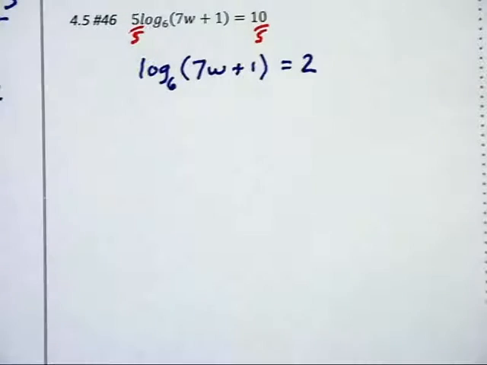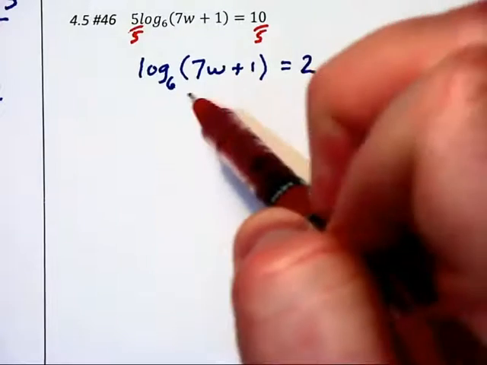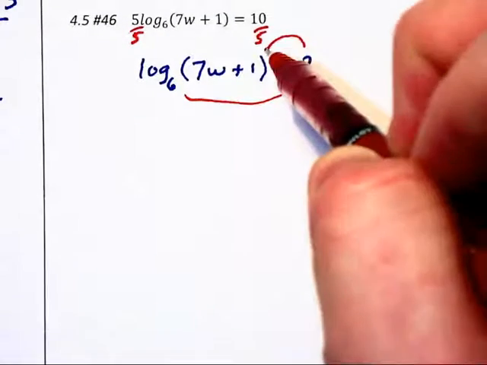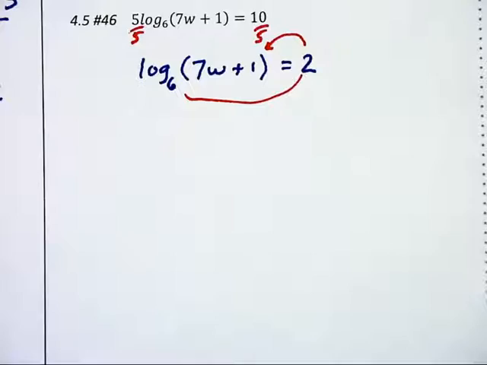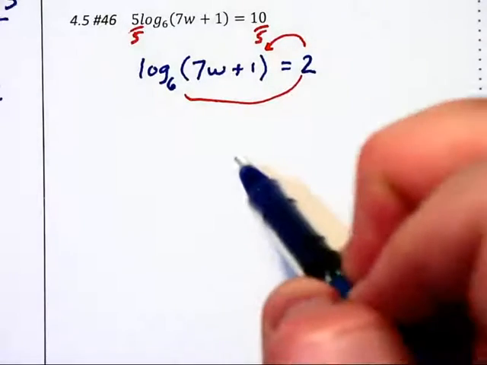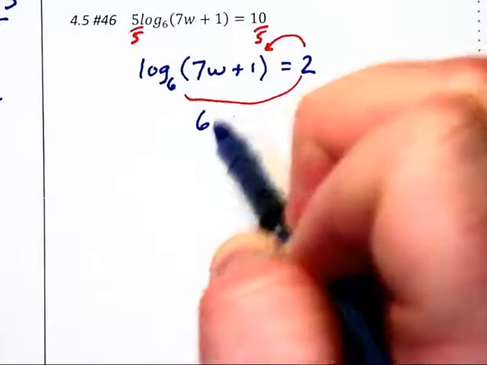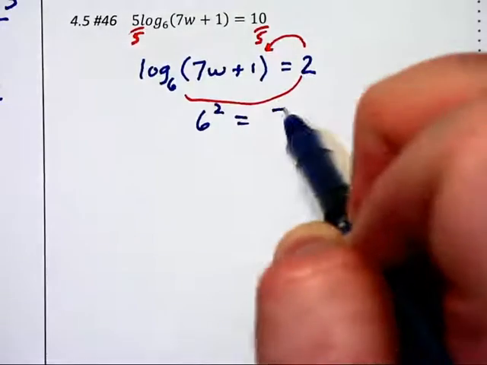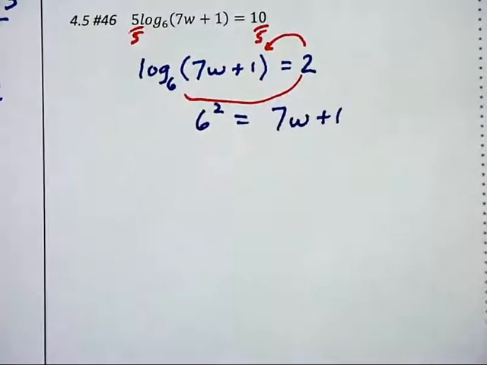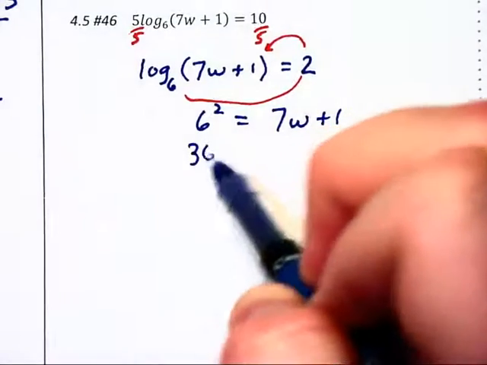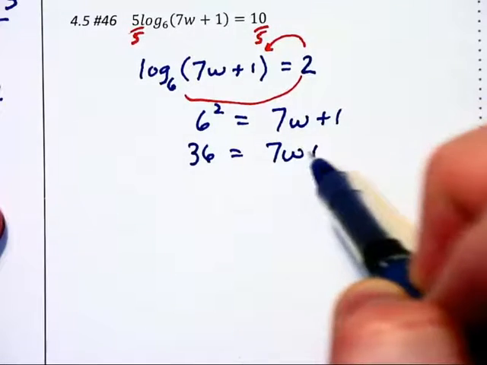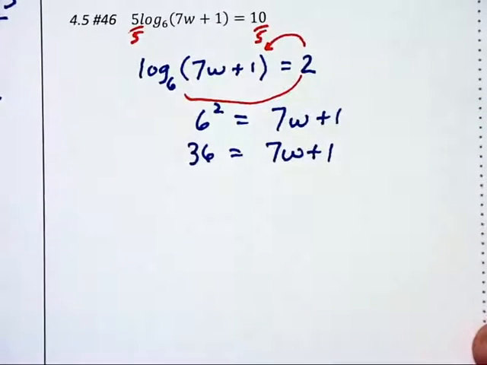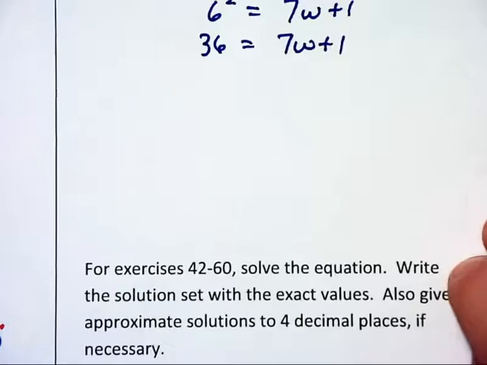Now this problem doesn't have a log on the right, and we can't do what we just did in the last problem, but we can get rid of the log by using that property that has us writing this as an exponential equation. 6 squared, which is 36, but we'll write 6 squared here, is equal to 7w plus 1. So that's really 36 equals 7w plus 1, and we're going to solve this linear equation.